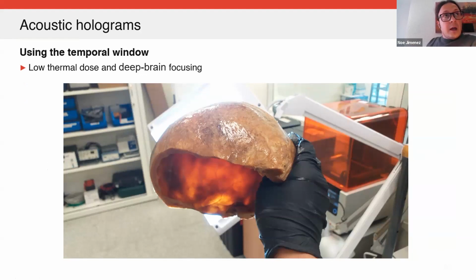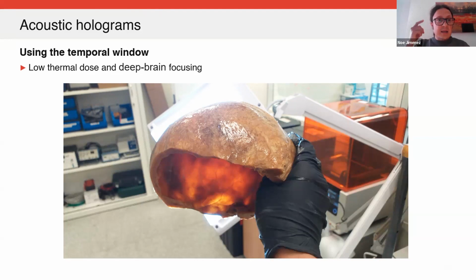But you can do more things with this. For example, because you can encode a lot of information in these phase plates, in these holograms, you can use a specific part of the skull. And we choose the thinnest part because you need to induce a low thermal dose in the skull for different brain applications.